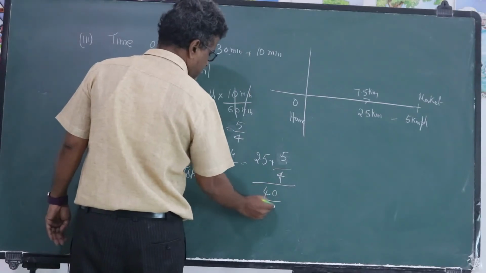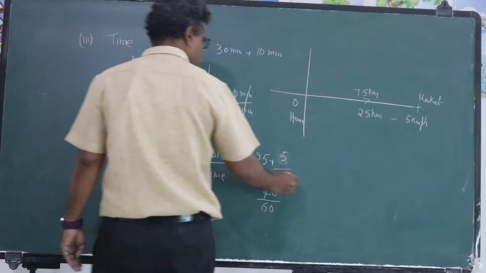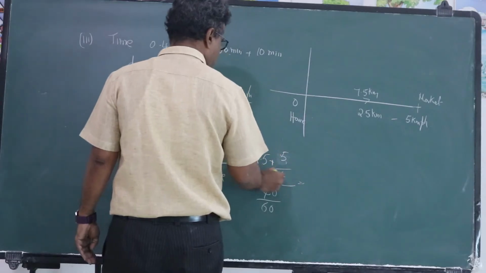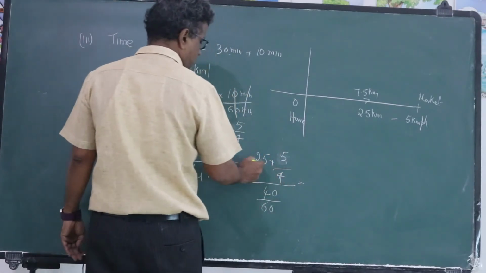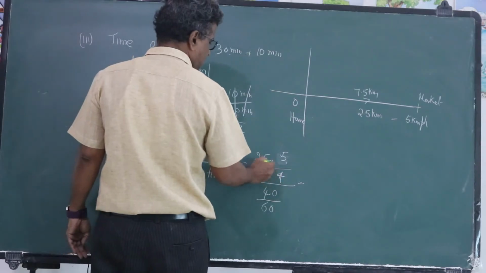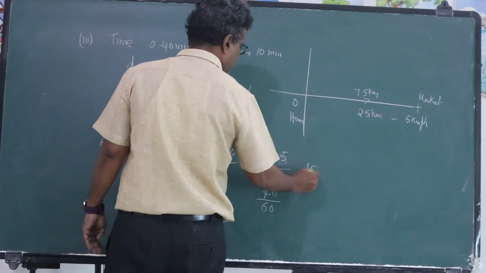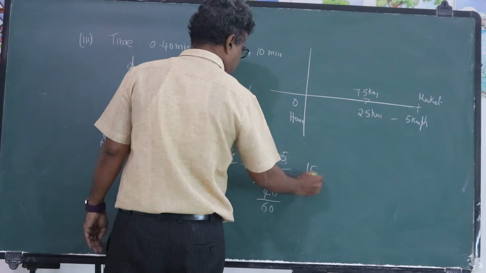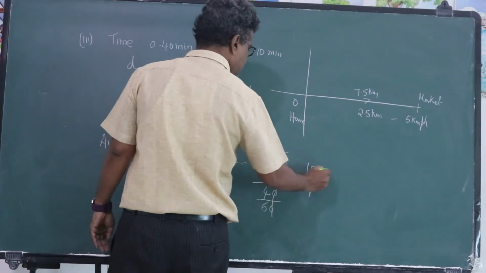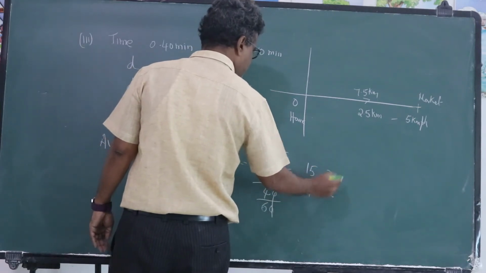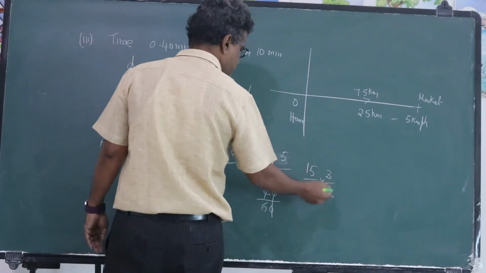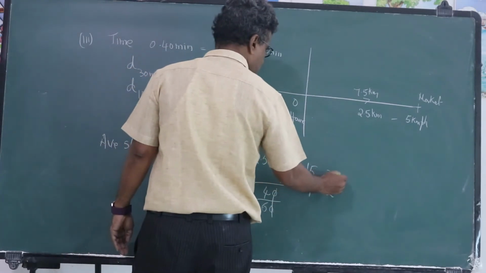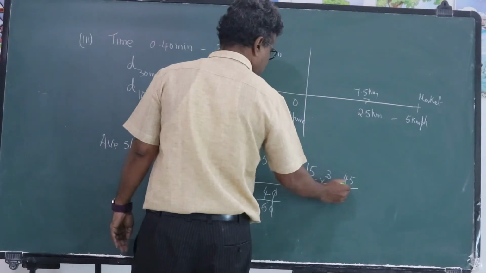Convert 40 minutes into hours: 40 by 60, which is 2 by 3 hours. LCM is 2.5 into 4, that is 10, 10 plus 5, 15 by 4, into 3 by 2. So this is 45 by 8.